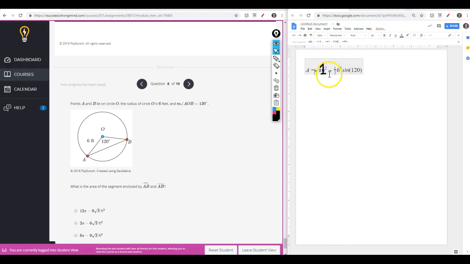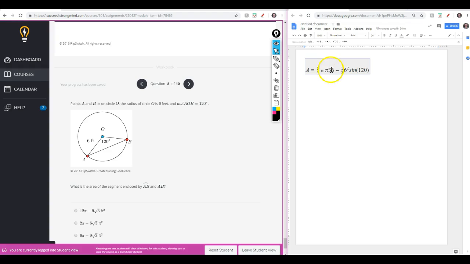And in the denominator, 3 times 1 is just 3. So that is what it leaves us with. Now 1/3, we can't break it down any further. So then I know that 6 squared is 6 times 6, which is 36. So now I have 1/3 times pi times 36, and again numerator times numerator.